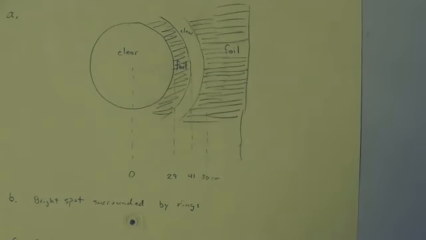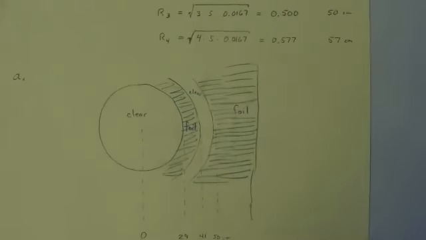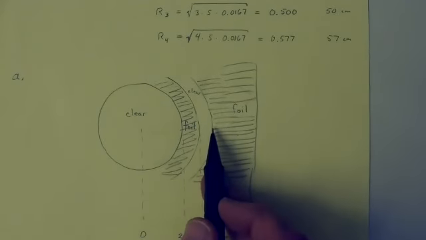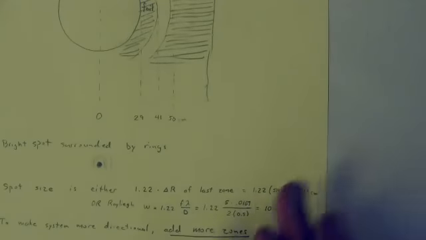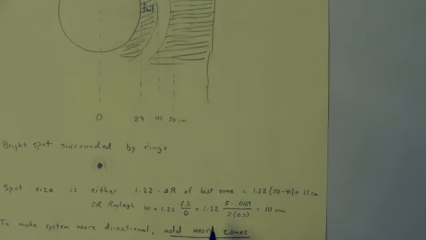And there's a couple different ways of getting that. One way is just to say, well, this is kind of like a lens, and the diameter is the diameter of this outer zone. And just calculate it that way and use the usual 1.22 lambda over d.